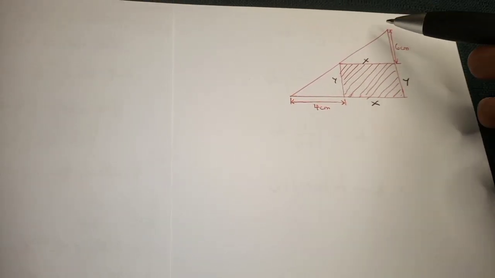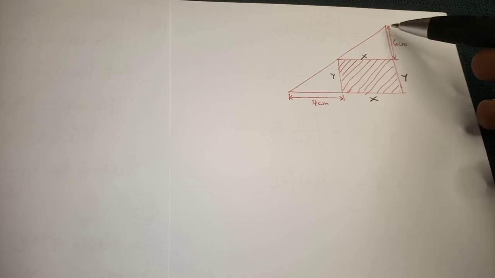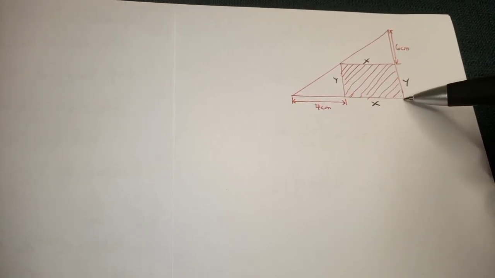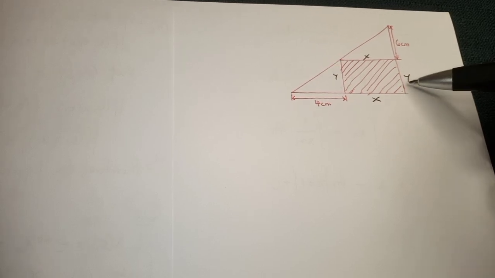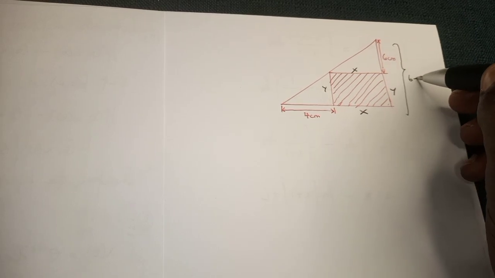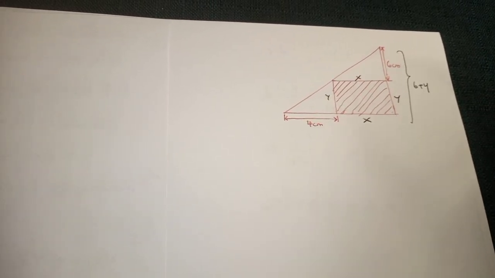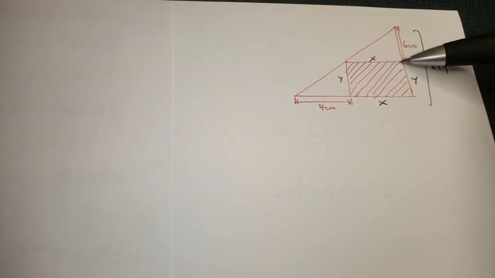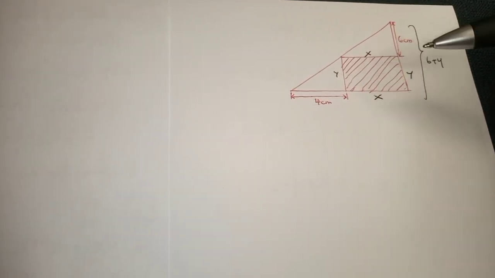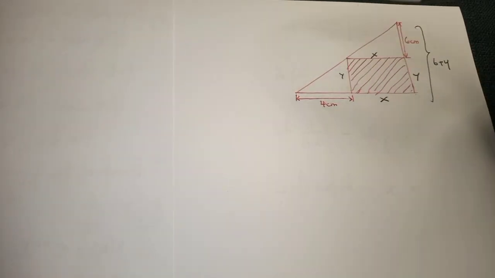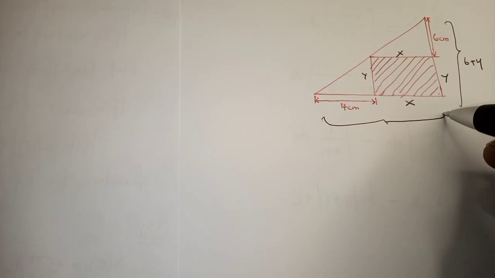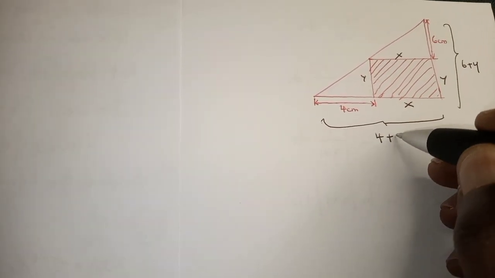In other words, the height from here to here is 6 plus y. The same way, the bottom distance x projects the bottom distance from here to here, and that is 4 plus x.